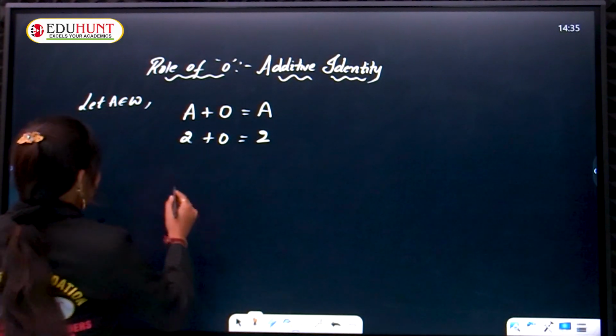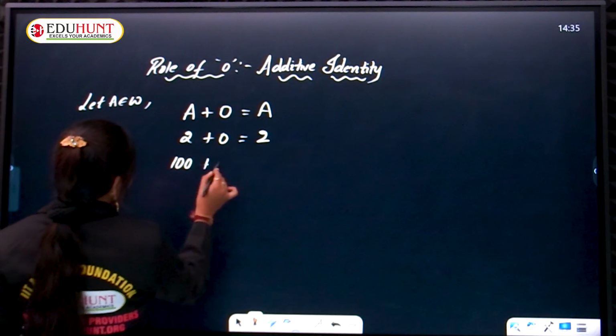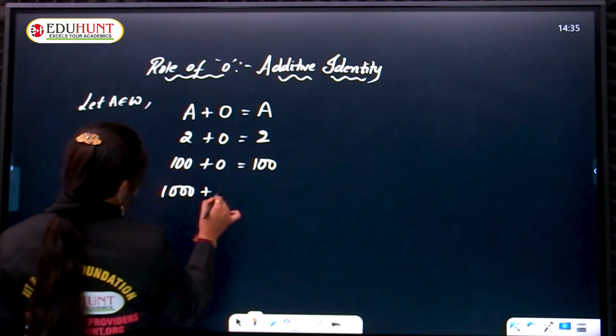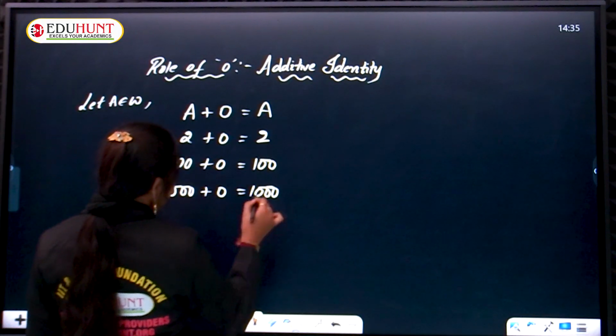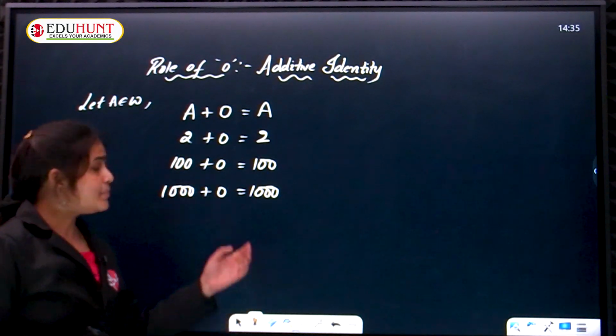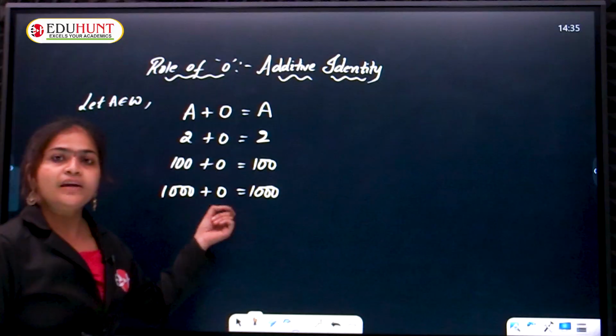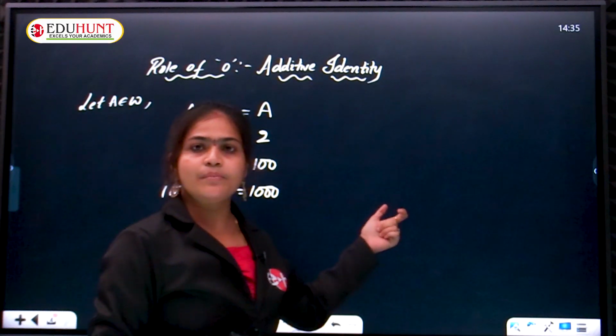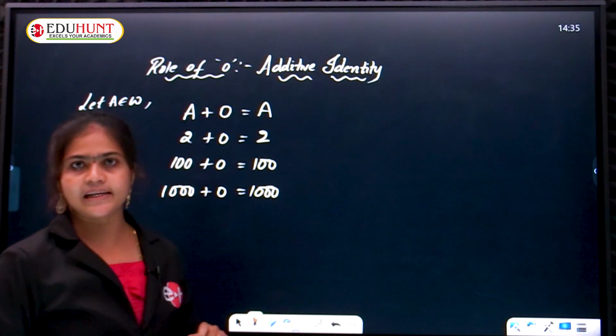Yes. And in the same way, 100 plus 0 is equal to again 100. 1000 plus 0 is equal to again 1000. Understood, ma? From this one what we can say here? If we add 0 to any number, then again we will get the same number itself as a resultant.